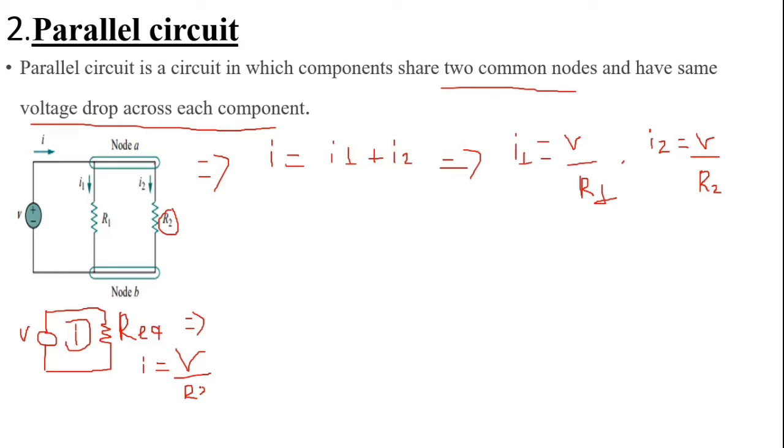So V can be calculated as I times R equivalent.